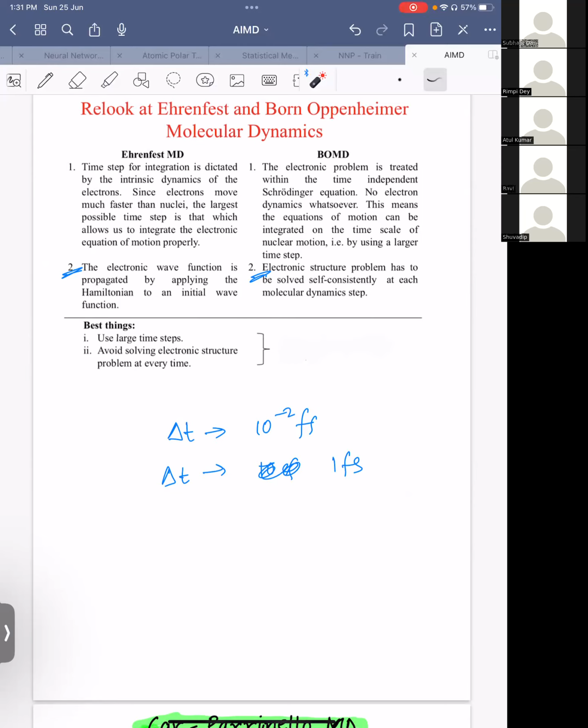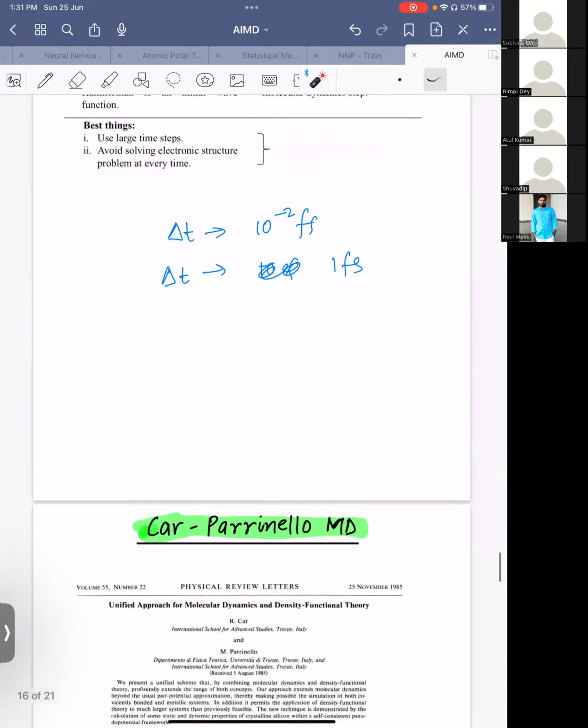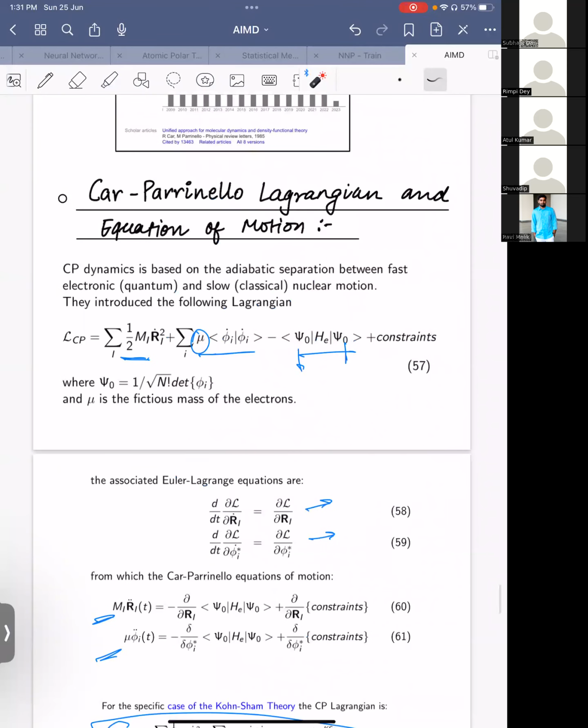The constraint is known in CPMD, and it is related to the electronic orbital phi. So we define a Lagrangian which depends on phi and also on phi dot, like a kinetic energy component.